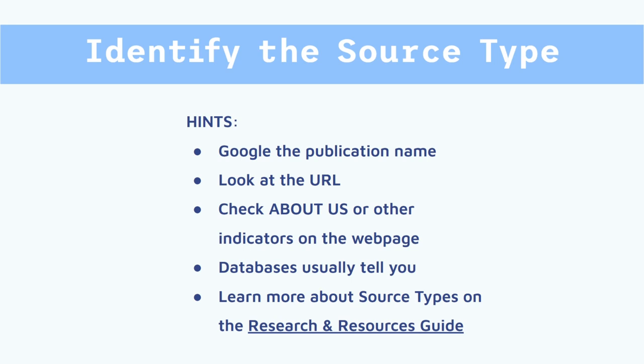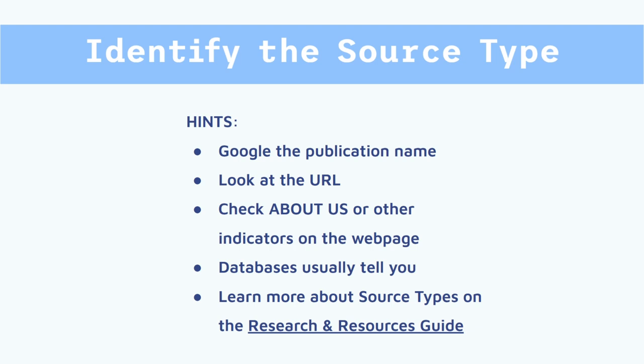You can also look for other indicators on the web page. For instance, they might have a picture of the current print publication cover. They may say something like, oh, click here to access the archives of our previous magazine issues or whatever, something like that. So look for those types of indicators.